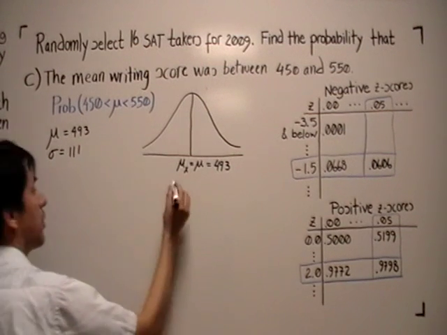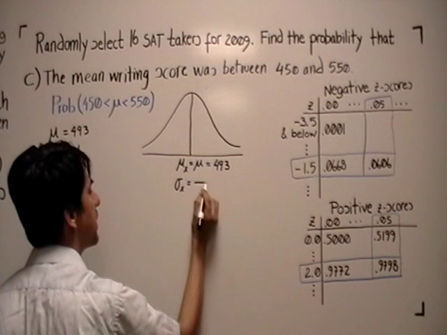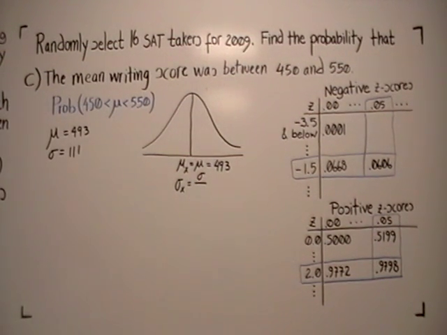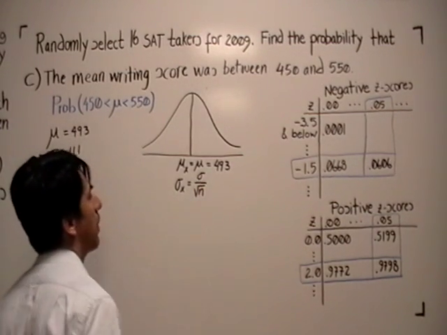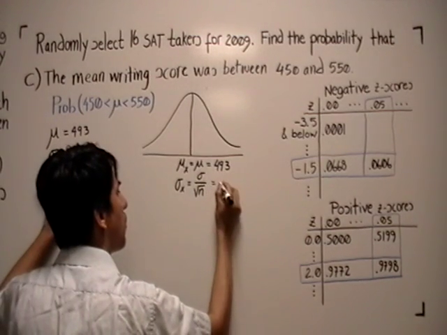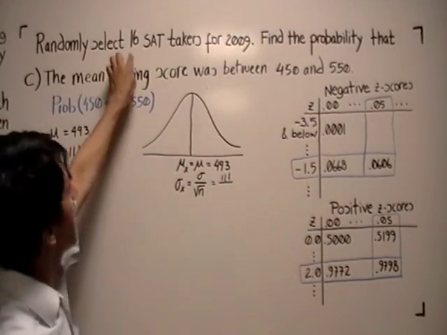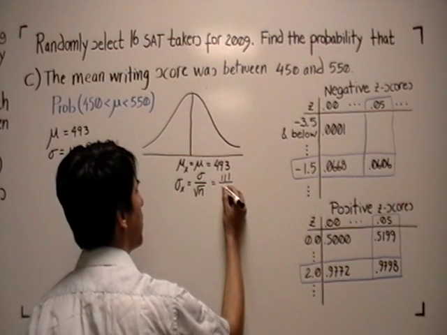In this distribution, the standard deviation by the central limit theorem is the same as the standard deviation of the original distribution over the square root of the sample size, the square root of n. Now, sigma in our original distribution was 111. Our sample size is 16 because there are 16 data values.